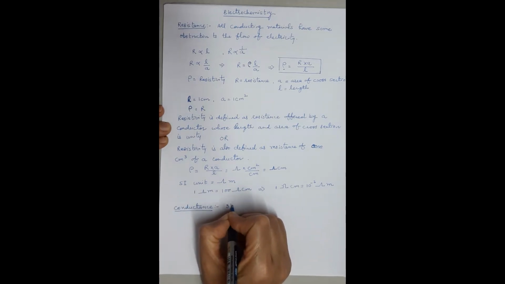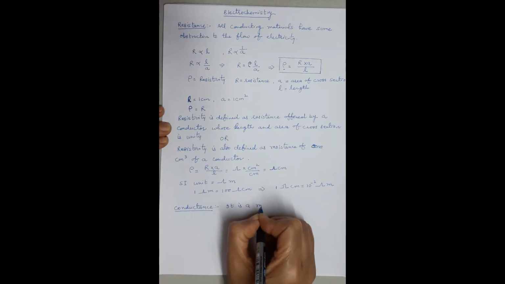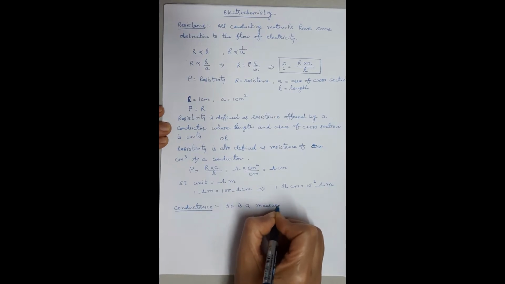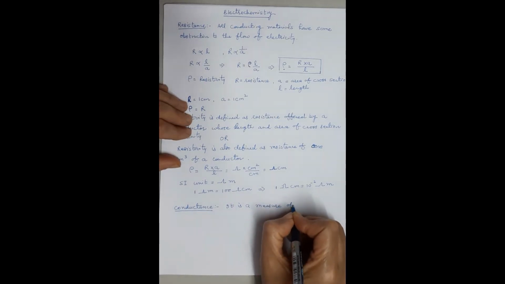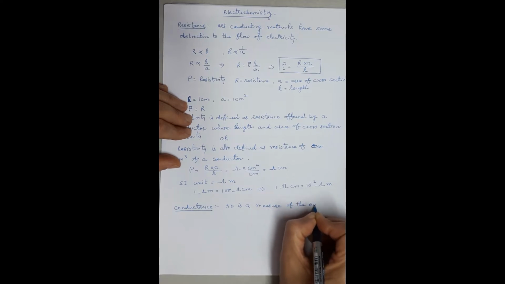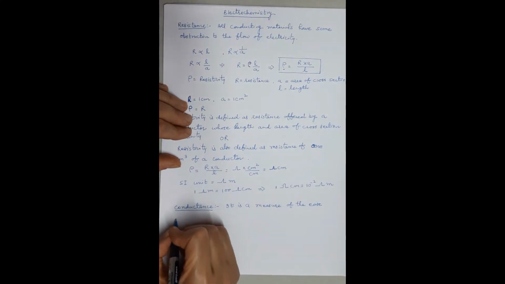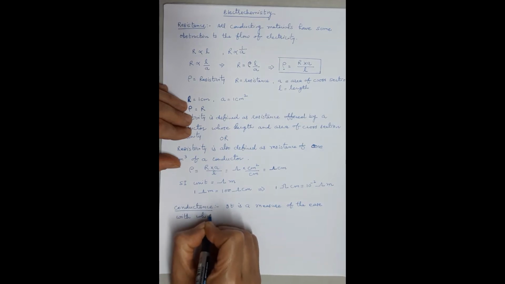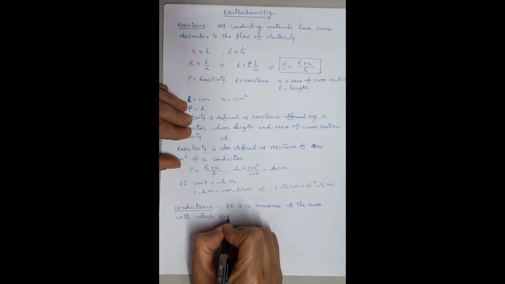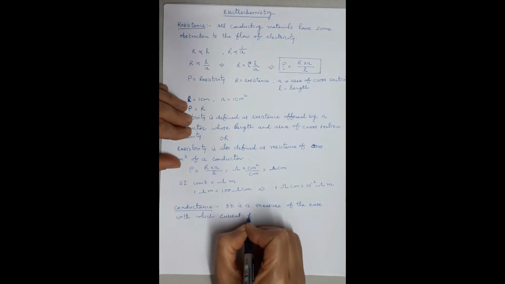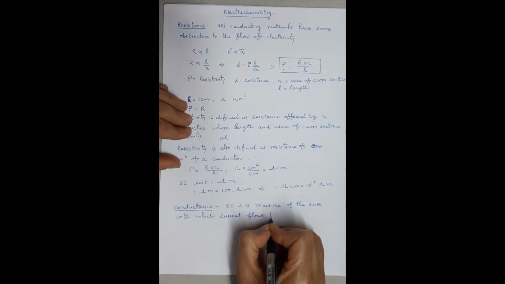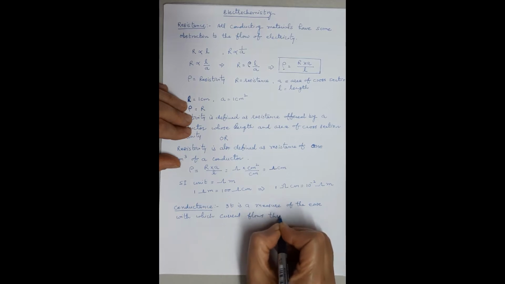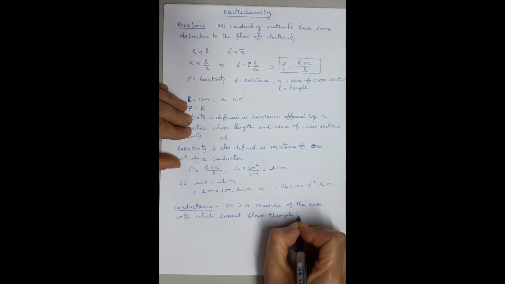It is a measure of the ease with which current flows through the conductor.